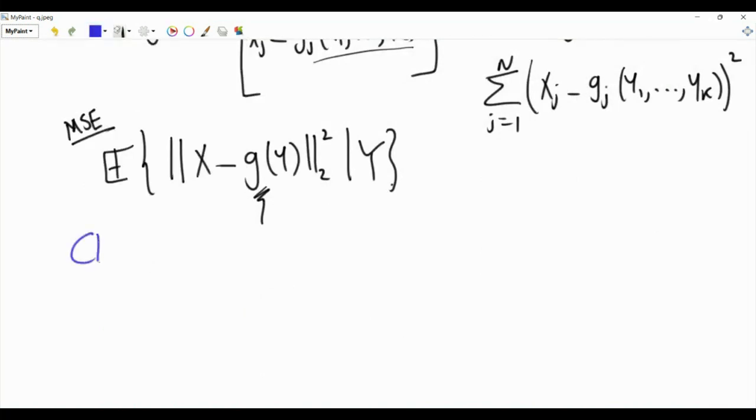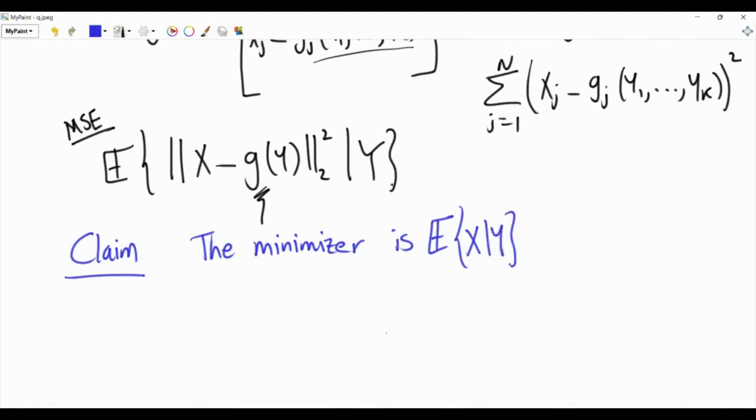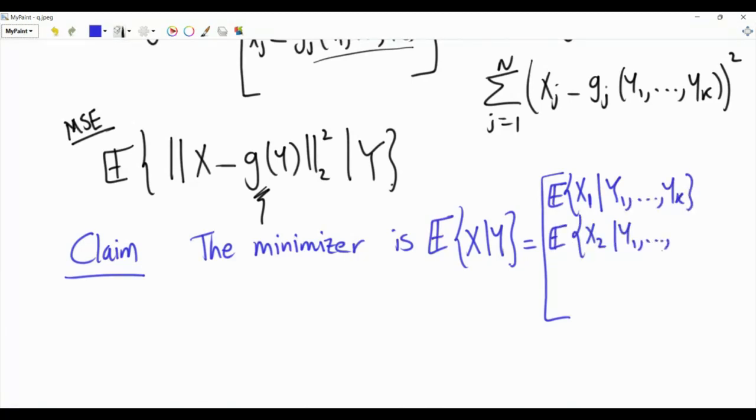So we have a claim, and this claim is that the minimizer is the expectation of x given y. So this is an n-dimensional vector, and the first component is the expectation of x1 given y1 to yk. The second component is expectation x2 given y1 to yk, and so forth.